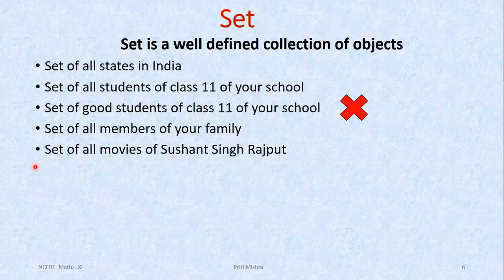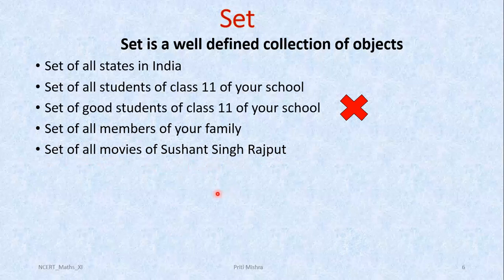Next example, set of all movies of Sushant Singh Rajput. Yes, it is a set because all movies have the same identity, that they are the movies of Sushant Singh Rajput. That's why they all will frame a set. So this will be a set.